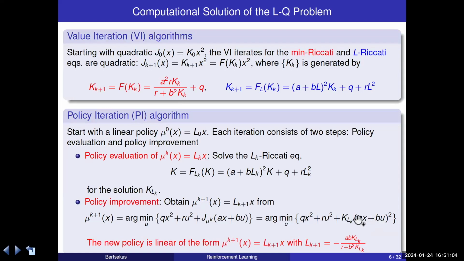Solving this quadratic problem, the result is a linear policy whose coefficient LK plus 1 can be calculated in closed form from KLK. So policy evaluation for a given policy solves this equation, policy improvement calculates the next policy with this formula for the cost coefficient. Now, these are the exact forms of value and policy iteration, and we will try to interpret them graphically as well as we go along.